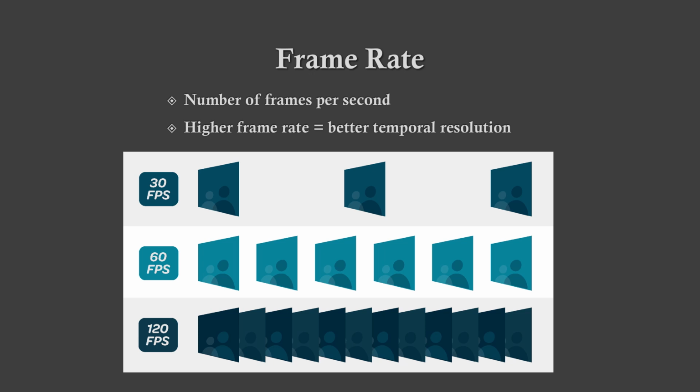It will decrease or increase the frame rate, and it is known that higher frame rate yields better temporal resolution, therefore better image quality. This particular image explains this idea. A 30 frame rate per second will give us the worst image quality versus 120 frames per second, which will give us a much higher, better image quality.